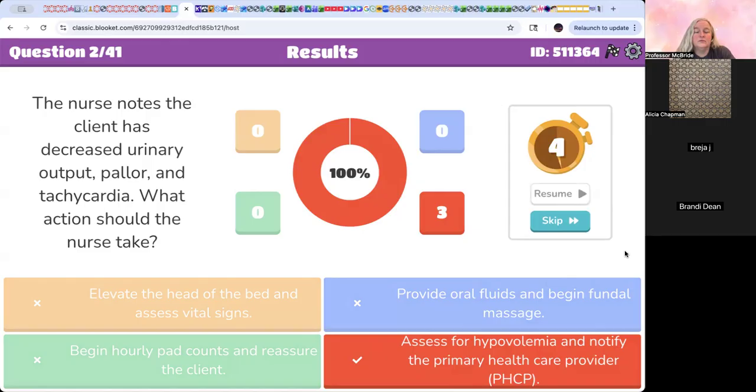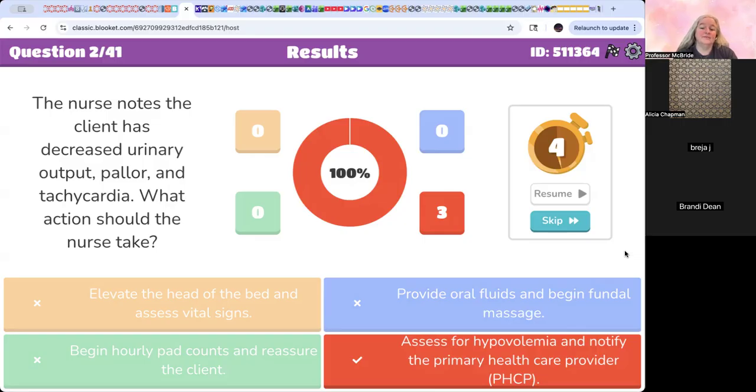I want to say, no, it's not preeclampsia. There's a big hint in the answer because it says hypovolemia. So that means when you're hypovolemic, you're having fluid volume deficit.